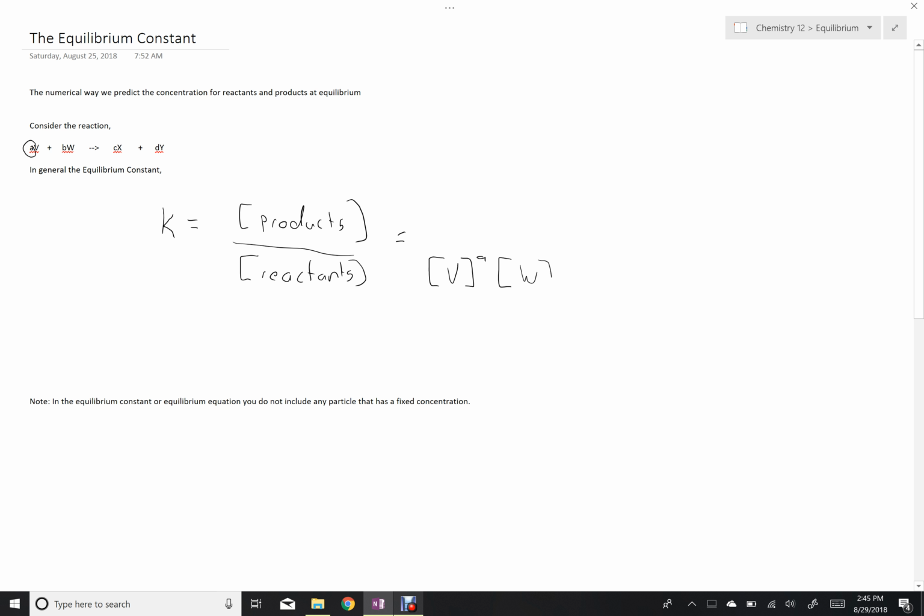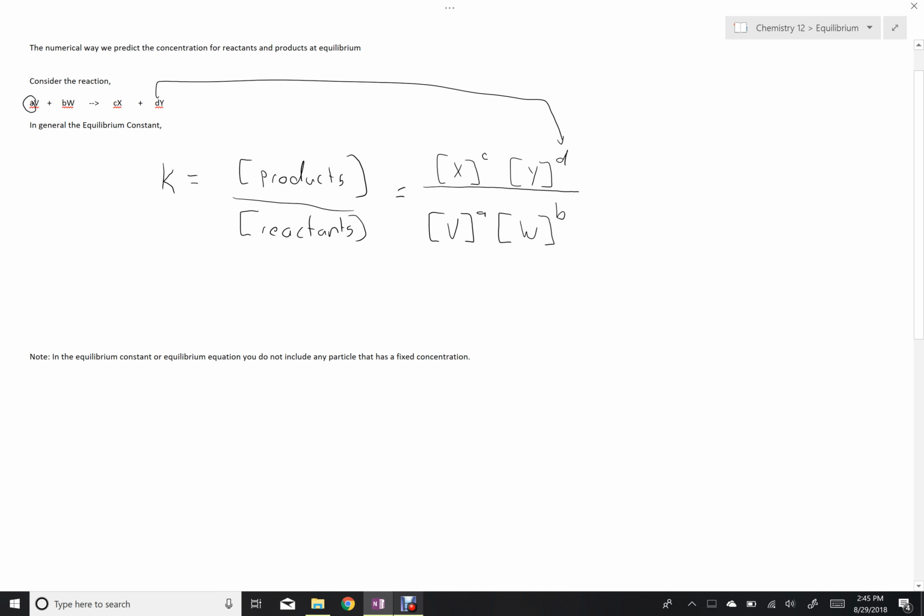W has the coefficient B, those are both of my reactants, and I would put that over the concentration of X with the coefficient C, and the concentration of my species Y with the coefficient D. So we put products over reactants, we use their coefficients as their exponents, and we're looking at concentrations here.